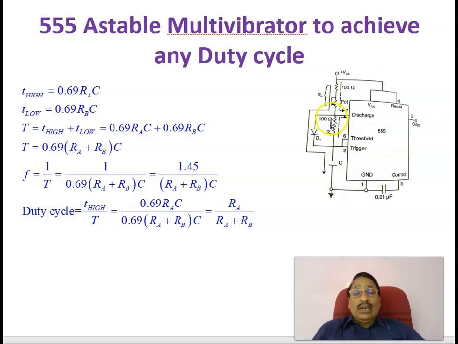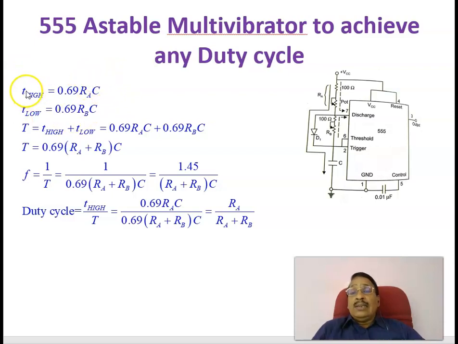Therefore, T low equals 0.69 RB C. So the charging is through RA alone and discharging is through RB alone: T high equals 0.69 RA C, and T low equals 0.69 RB C.